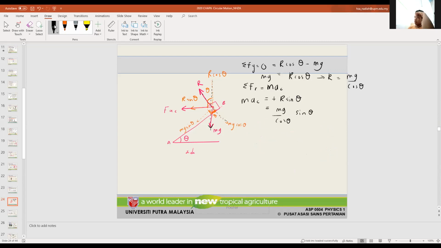And you know sin theta over cosine theta is just tangent theta. We have seen this many times. Sin over cosine is tangent theta. The m in mv squared over R cancels out. So you get tangent theta equals v squared over R divided by g.